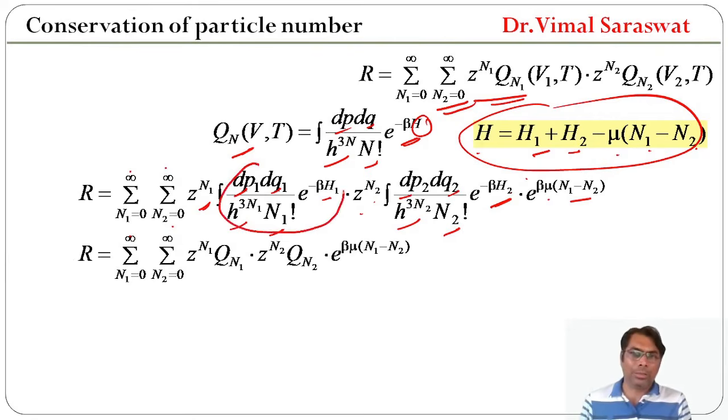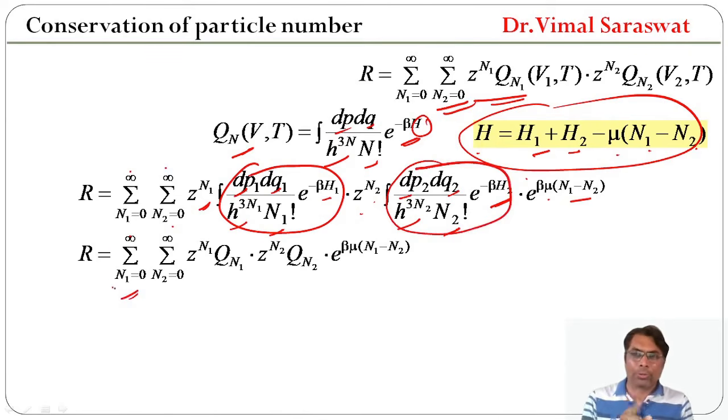Now this is Q N1, this is Q N2. So R equal to sigma N1 equal to 0 to infinity, sigma N2 equal to 0 to infinity, z raised to N1 Q N1, z raised to N2 Q N2 exponential beta mu (N1 minus N2).